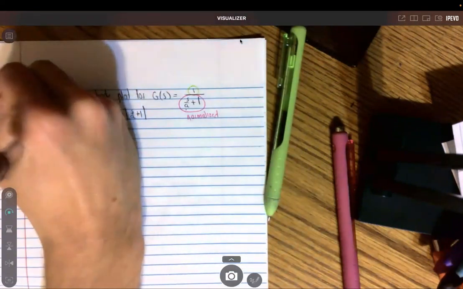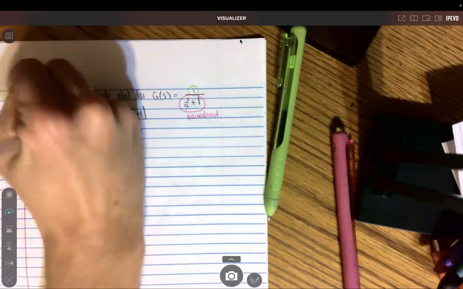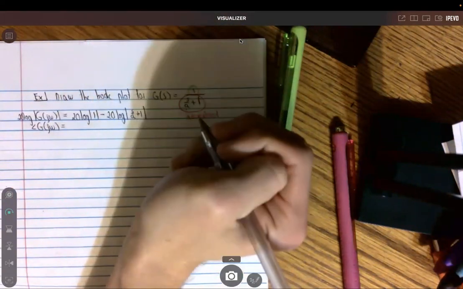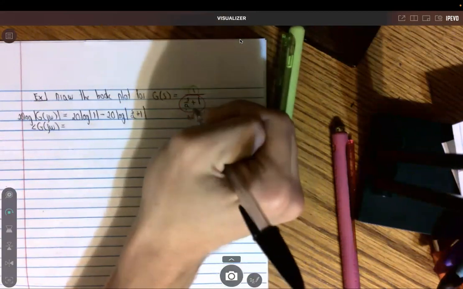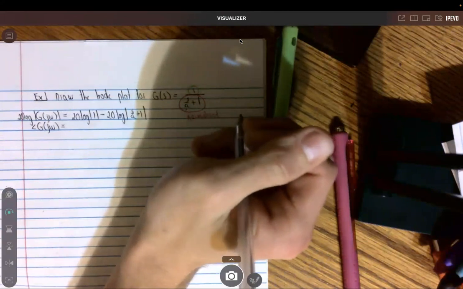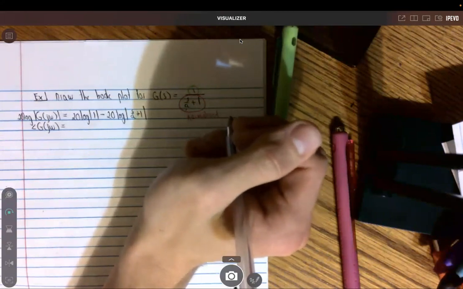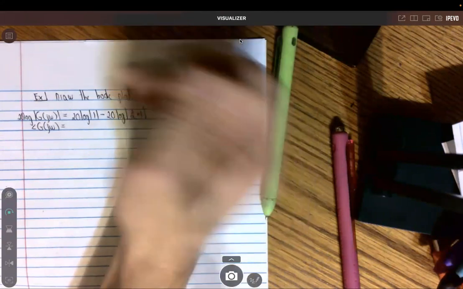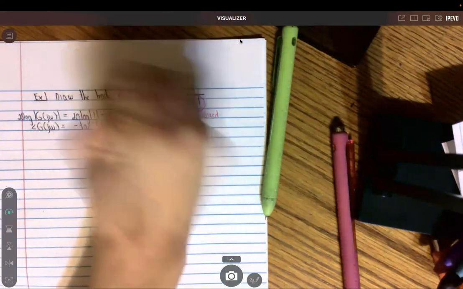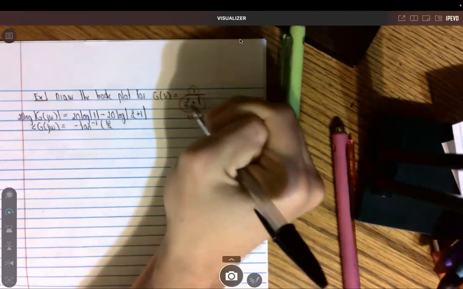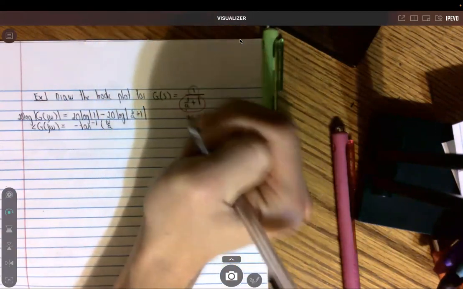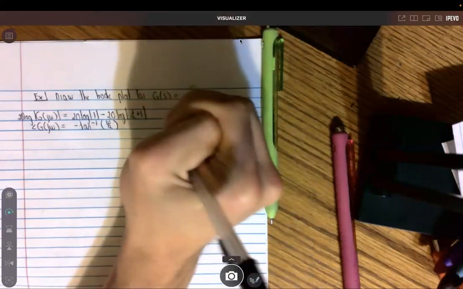And then for the phase of G of j omega, in our numerator it's going to be 0 degrees, of course, but then we're going to get minus tan inverse of omega over A, because once you substitute in j omega, the imaginary part would be omega over A, and then the real part would be 1. So it's omega over A over 1, which is just omega over A.